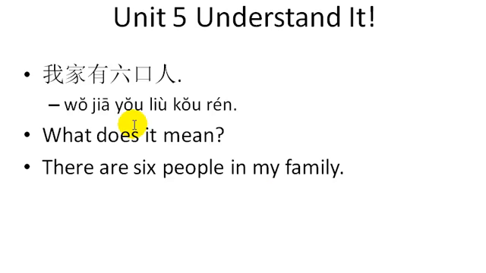And again, you might want to pause and repeat this to yourself maybe 20 or 30 times, trying to force this new word order into your head, because your brain is going to resist this because you're used to the English word order. 我家有六口人. There are 6 people in my family.